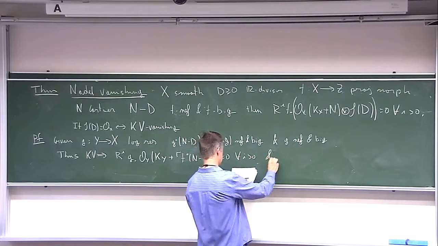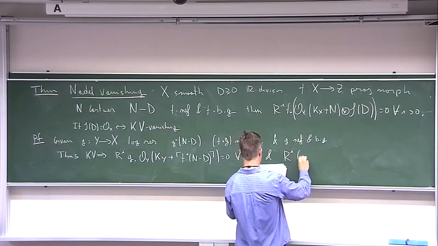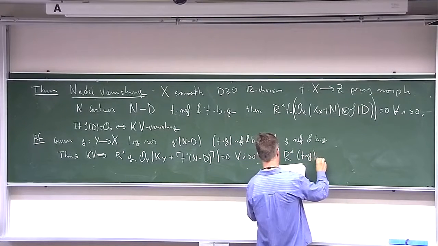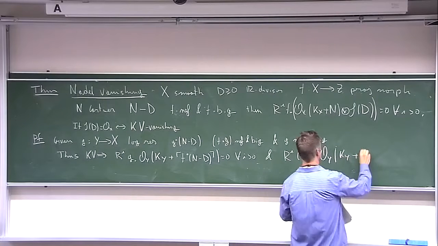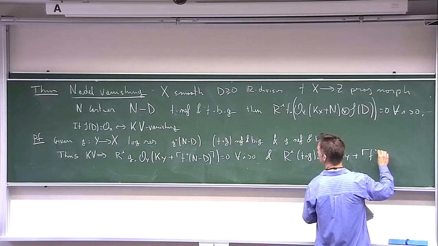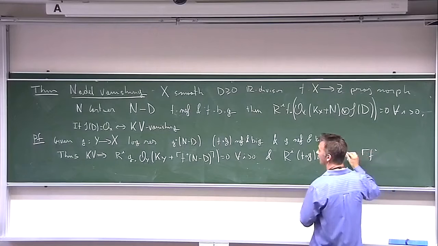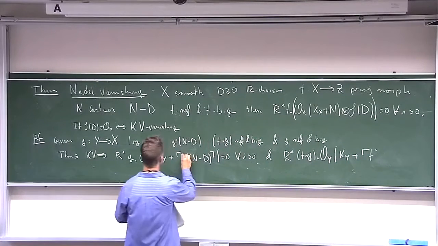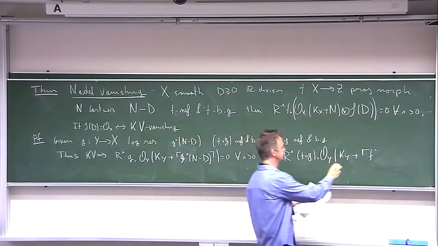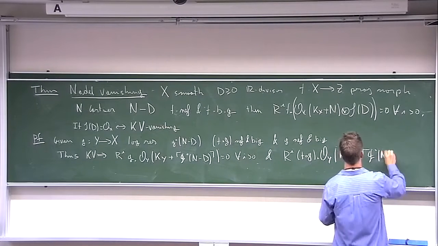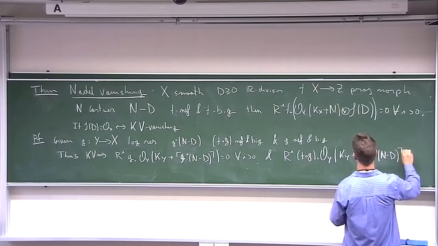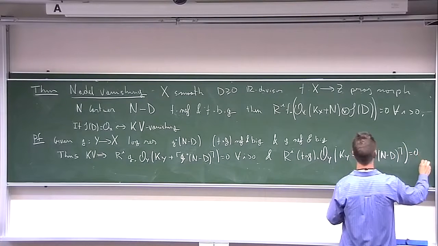And R^i (F composed with G) lower star of O_Y, the same thing, K_Y plus roundup of G upper star of N minus D, is equal to 0 for every i greater than 0.